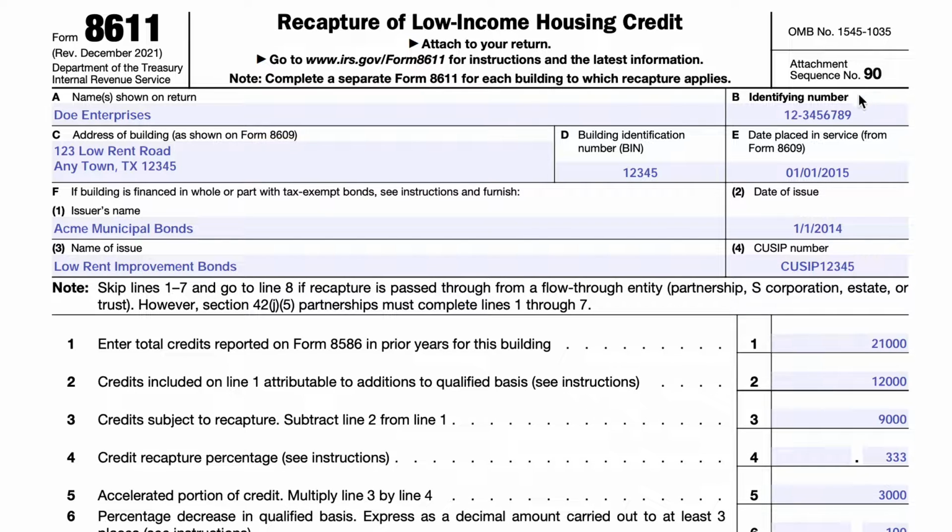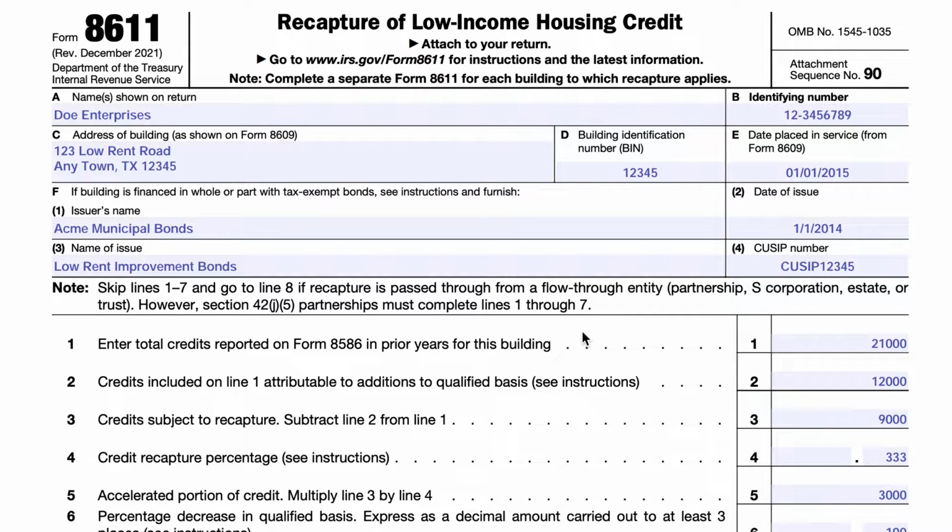So we'll put the identifying number over here in item B, the address of the building. If you have multiple buildings for which recapture might apply, then you'll have to use a separate Form 8611 for each building. In this case, we entered the address and the building identification number as it appeared on the credit agency paperwork.